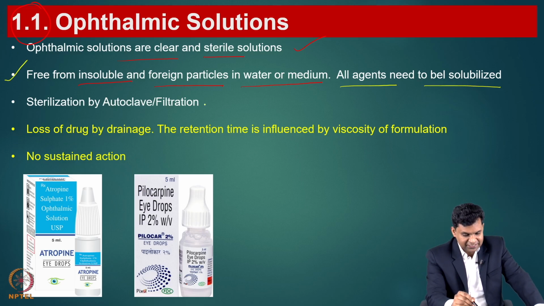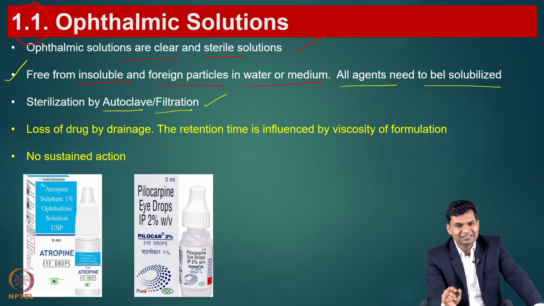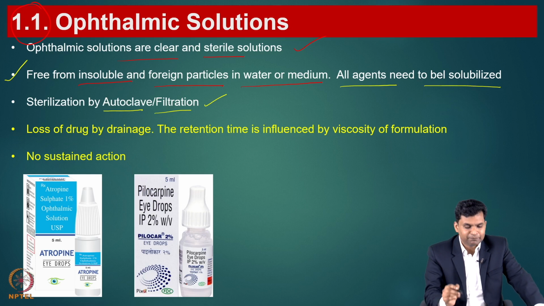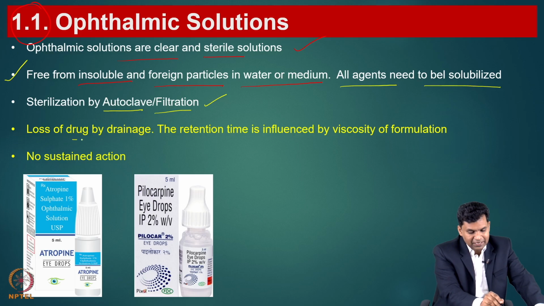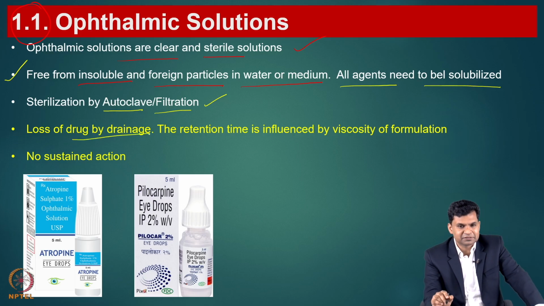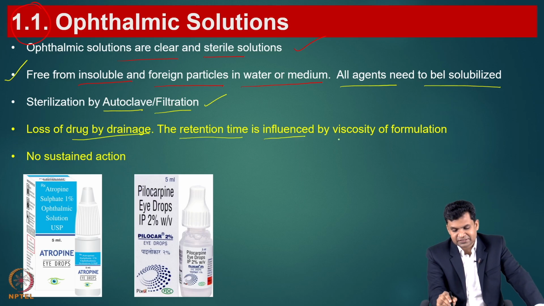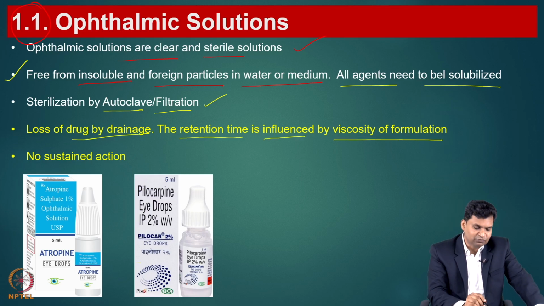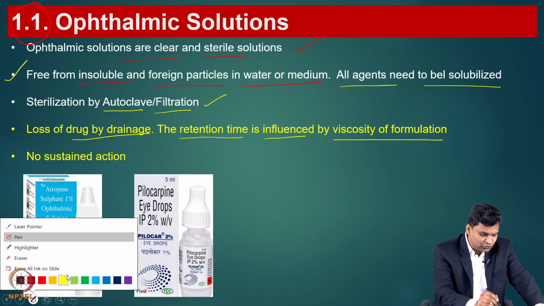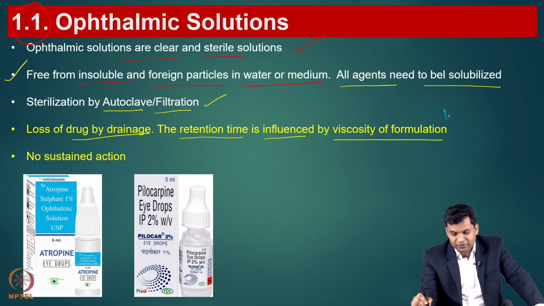This formulation can be sterilized by using an autoclave at 121 degrees centigrade, and we can also use filtration methods. Yes, there are limitations of such formulations, because you are giving a simple solution, loss of drug may happen through the drainage system, and the retention time is influenced by the viscosity of the formulation, so that we need to maintain in our formulation.